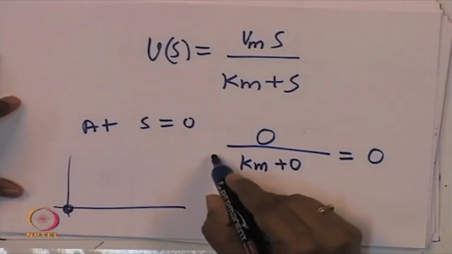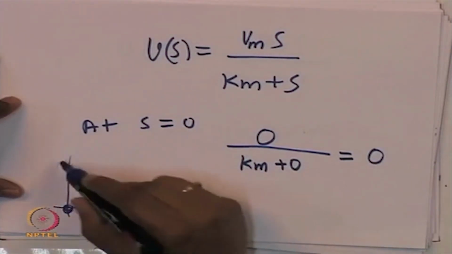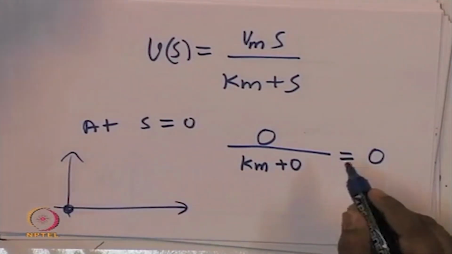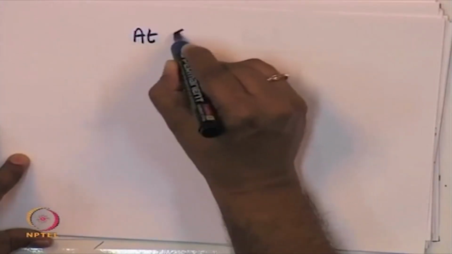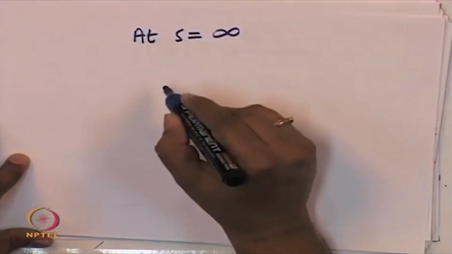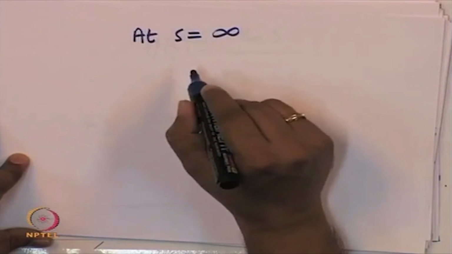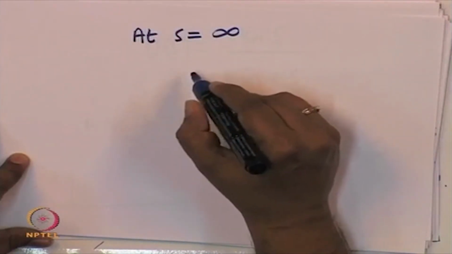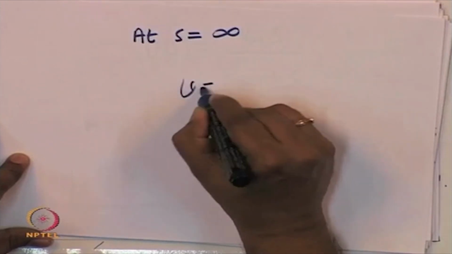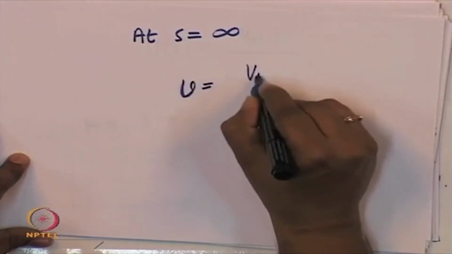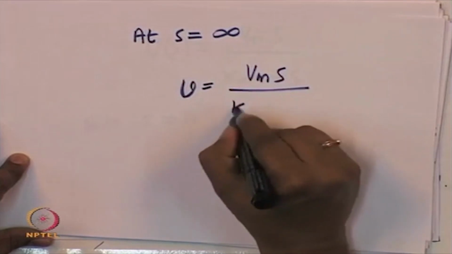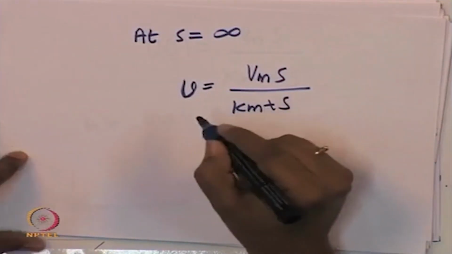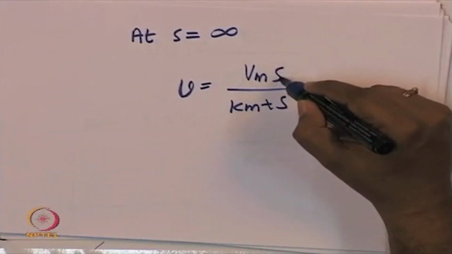Now, let us look at what happens far away, as s goes to infinity. We have V = Vm s / (Km + s).